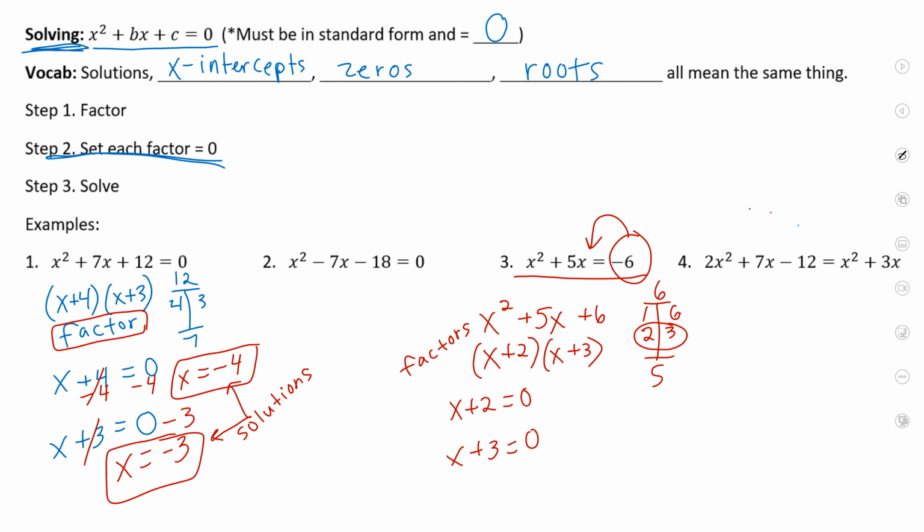All right, so we just solve. Subtract 2, you get x equals negative 2. That's your first solution. Your other one, subtract 3, you get x equals negative 3. And that's it. All right, I'm going to do number 4 because this one's a hard one.